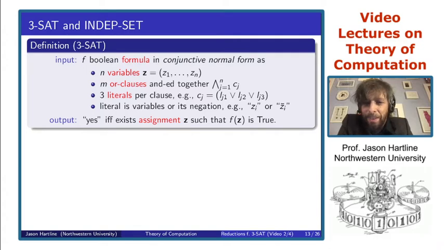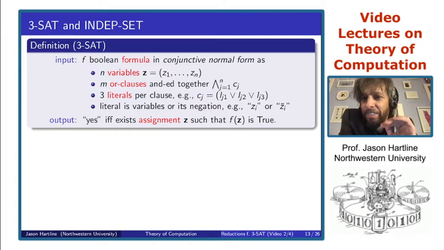So the 3-SAT problem, the input is a Boolean formula f in what's called conjunctive normal form. That means it is an AND of OR clauses. There'll be n variables, we'll call them z1 through zn. These variables are either true or false. And we're going to take m OR clauses and AND them together. So each clause Cj is ANDed together.